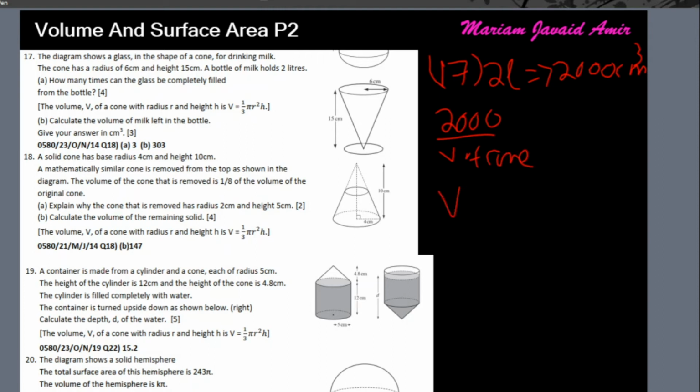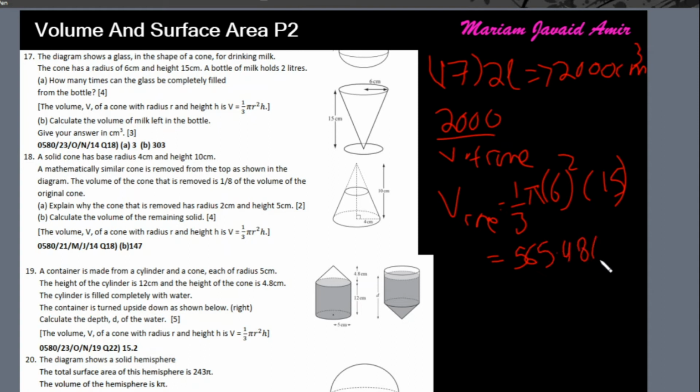So volume of cone will be 1 by 3 pi radius square times height. So what do we get? 1 over 3 times pi times 36 times 15. We get 565.4866.